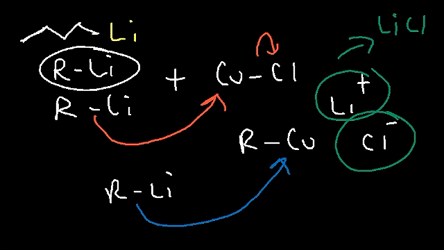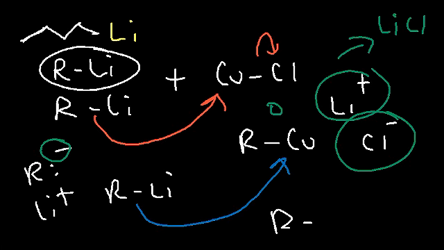Now, keep in mind though, the R group has a negative charge, lithium has a plus charge. So if we add this extra R group, we're adding basically a negative charge to this compound. Right now the compound has a net charge of 0. But once we add this -1 charge to it, it's going to have an overall charge of -1. So now that copper has 2 R groups, it has a formal charge of -1. And so it's going to pair up with the lithium.